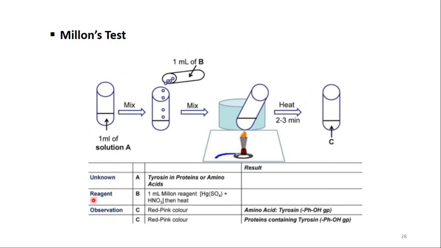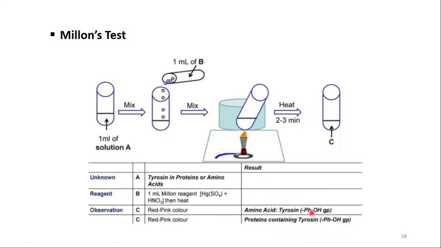So you add Millon's reagent to the compound; mercuric sulphate plus HNO3 is Millon's reagent. Then you heat it. If you get a red pink color, then the amino acid tyrosine is present. If you have a red pink color, then it is a protein containing tyrosine.